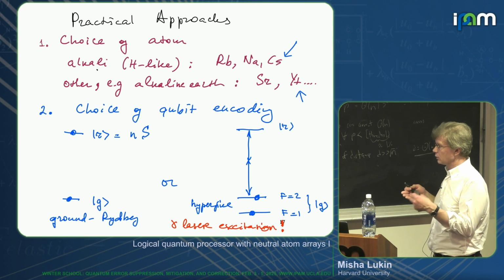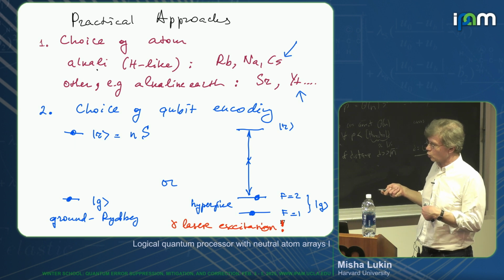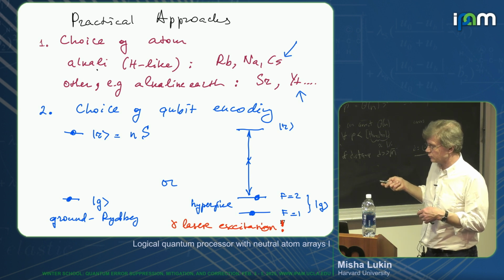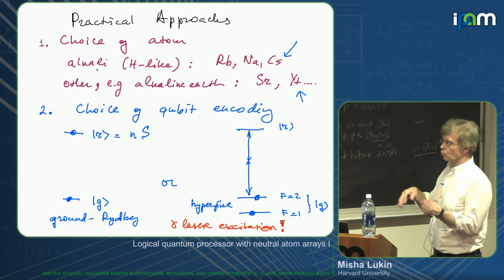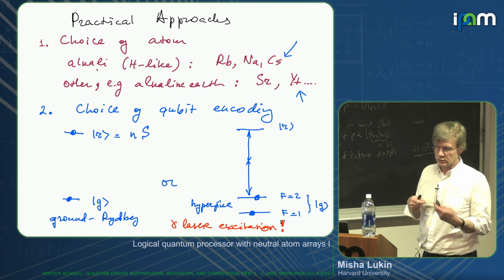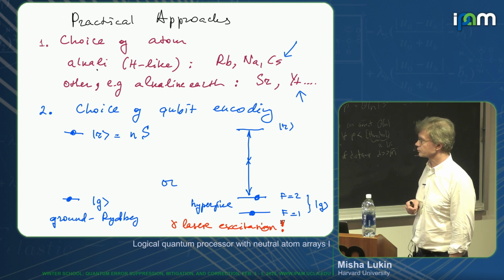But of course, in the long run, it's probably not the most ideal. So ideally, you would like to store qubits in these long-lived hyperfine states, and then only when needed excite them into Rydberg states with a short pulse. And all of this, depending on what you want to do, you can actually choose, right? And often it just involves switching a laser or adding a pair of lasers and things like this.